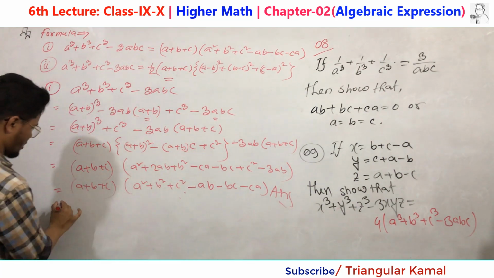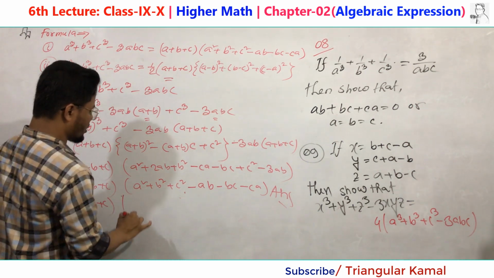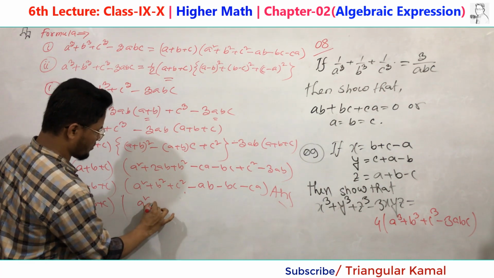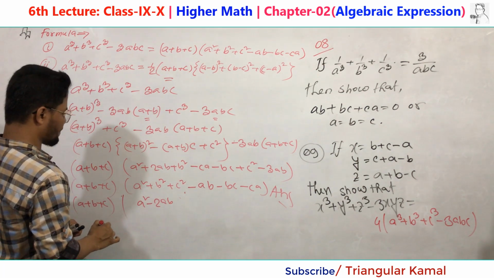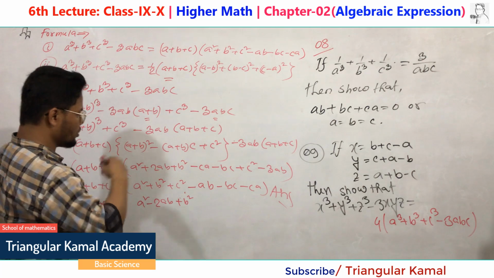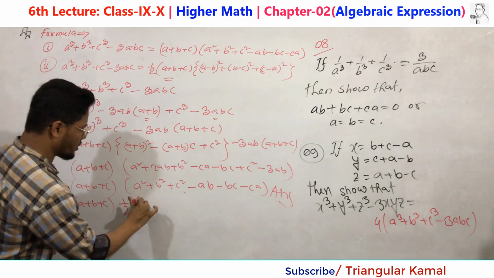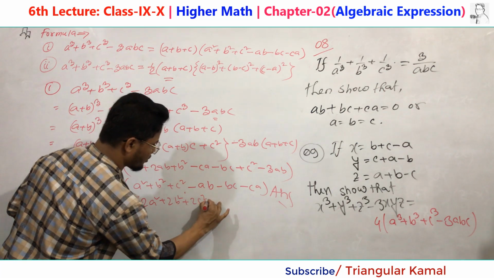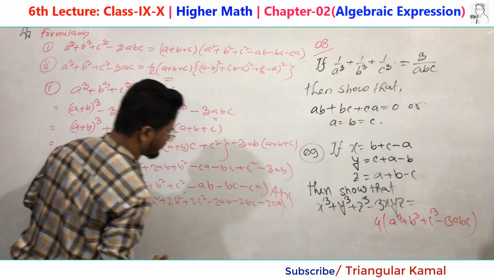This is the first answer: a plus b plus c times (a square plus b square plus c square minus ab minus bc minus ca). Multiply by half and multiply all terms by 2: a square plus twice b square plus twice c square minus twice ab minus twice bc minus twice ca.